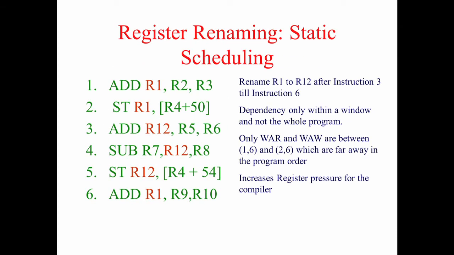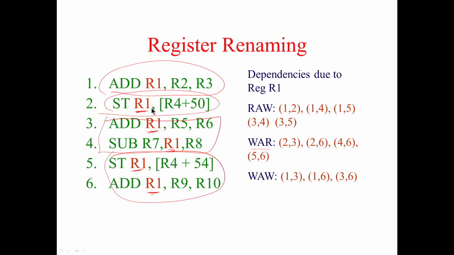Please note that the life of R1 starts at 1 and ends at 3, because at 3 R1 is again rewritten with a new value. We have done that liveness analysis; you remember the interval graph, please remember that. The life of R1 starts at 1 and stops at 3.